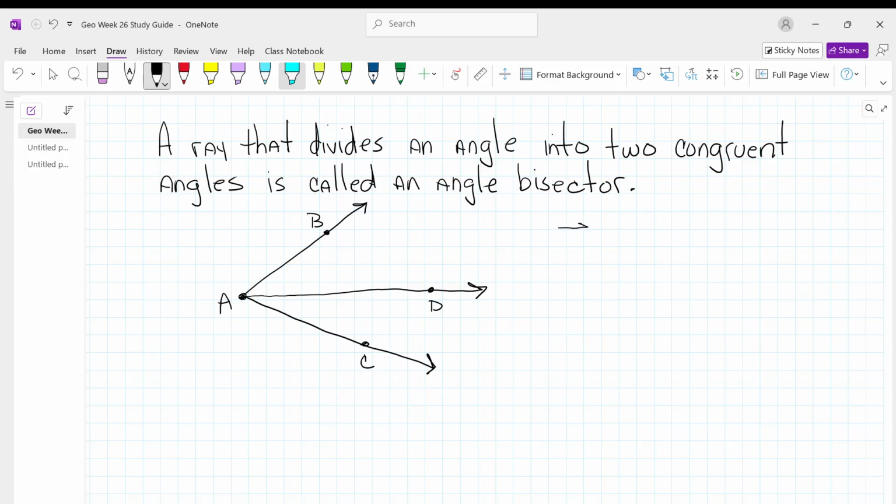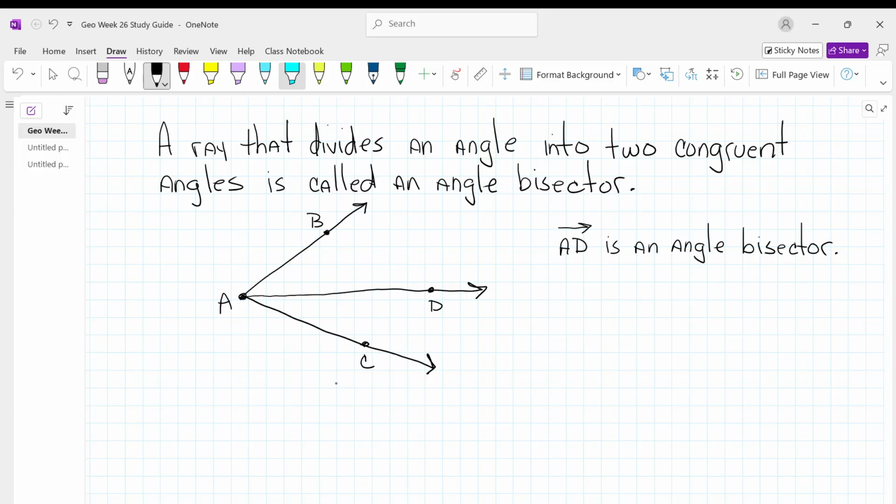We're going to say ray AD is an angle bisector. If AD is an angle bisector, then this angle up top here, angle BAD, everybody see it? Starts at B, goes to A, and then out to D. And angle DAC.